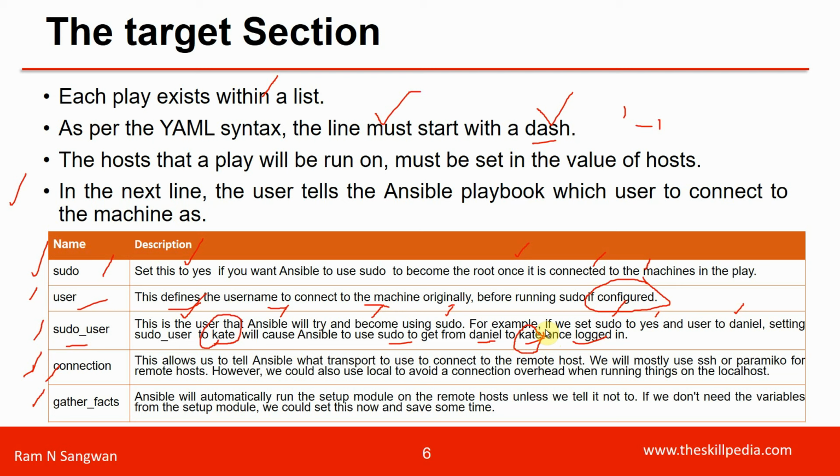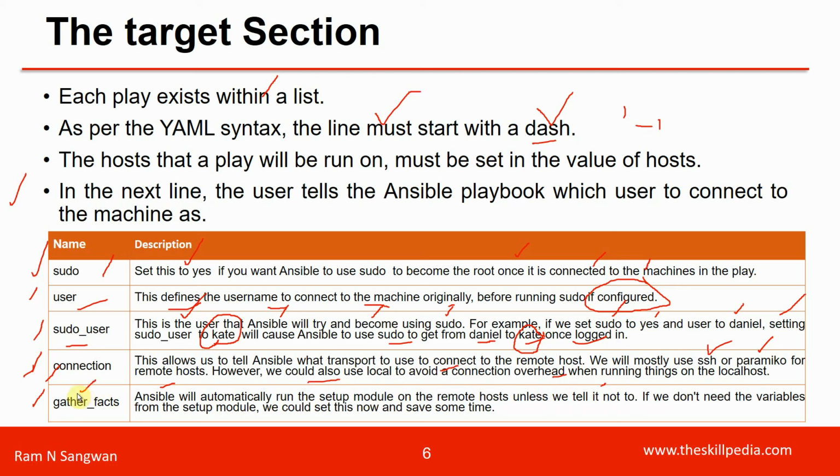This allows us to tell Ansible what transport to use to connect to the remote host or target host. We will mostly use SSH or paramiko for remote host. However, we could also use local to avoid a connection overhead when running things on the local machine.